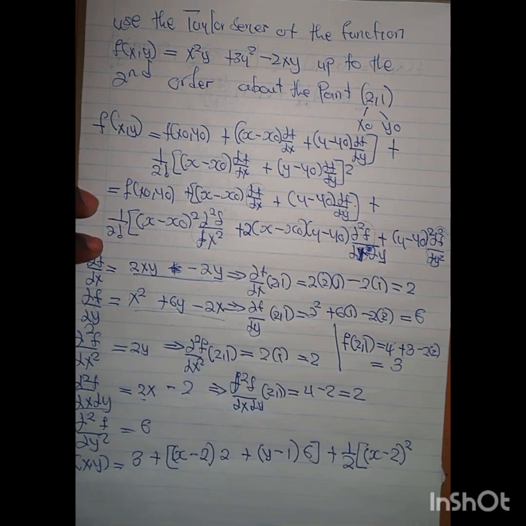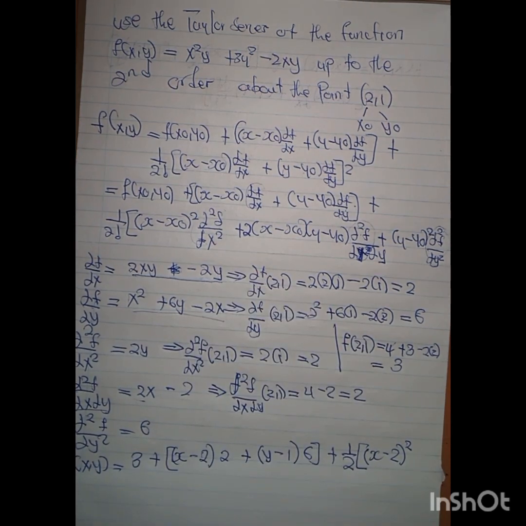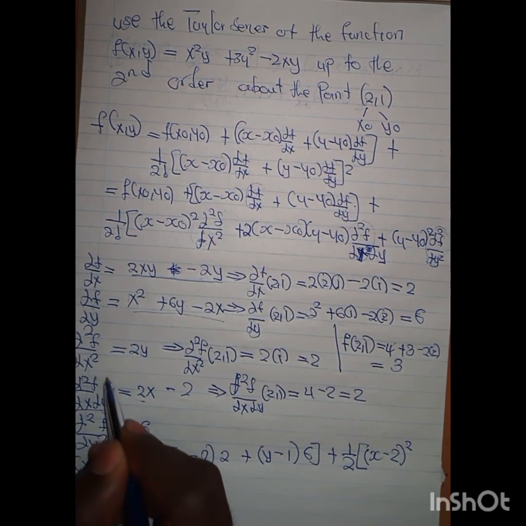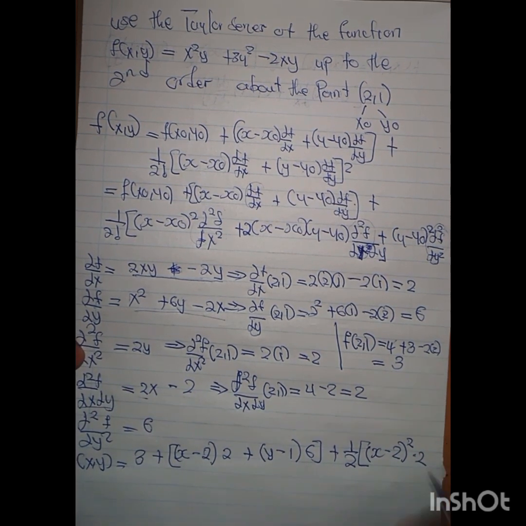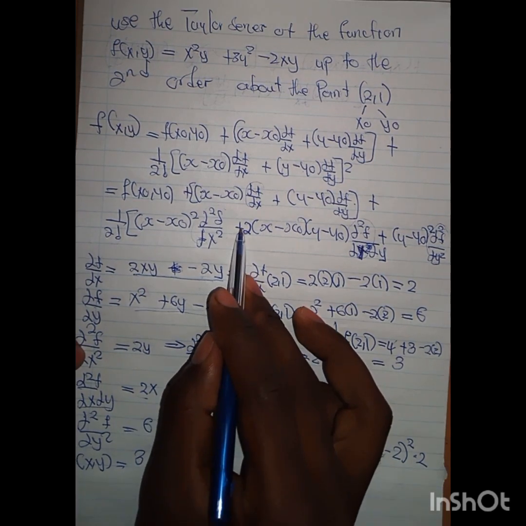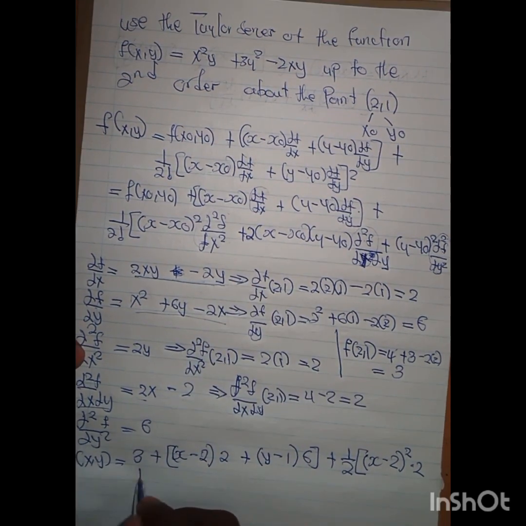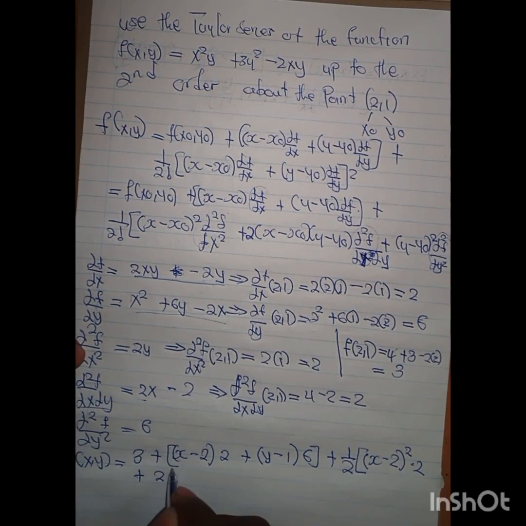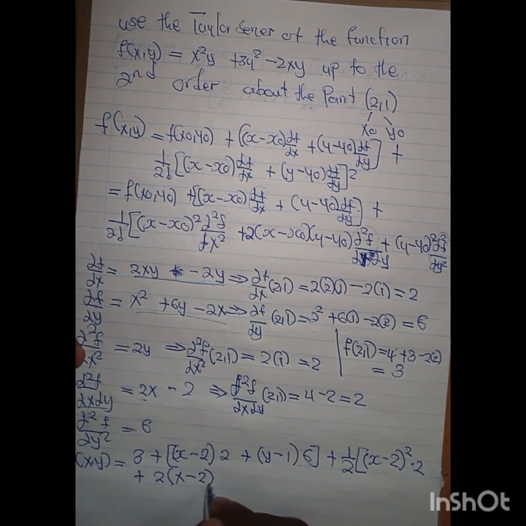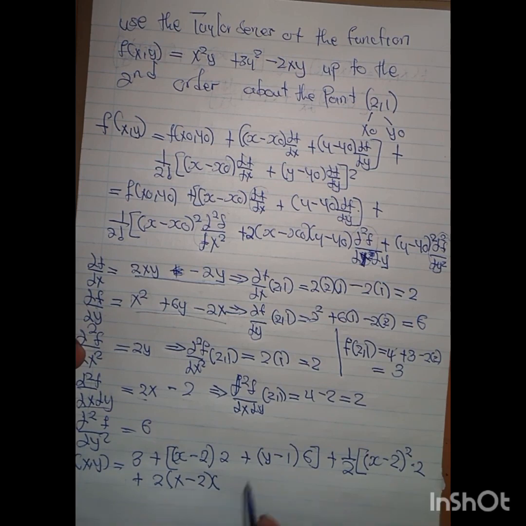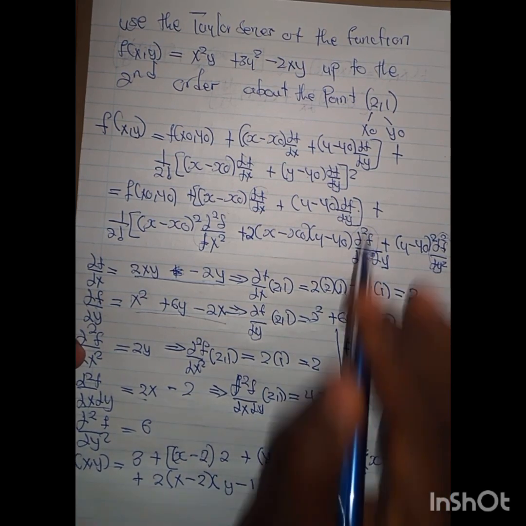Then this part, the second derivative of f with respect to x, we have said that the answer is a 2. Then we multiply by a 2, and then plus 2, x minus x naught. x naught is a 2, y minus y naught. y naught is a 1.